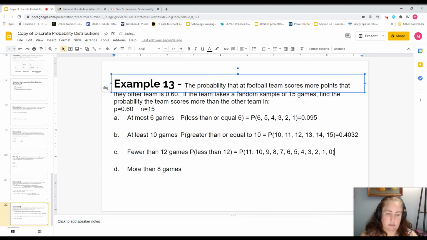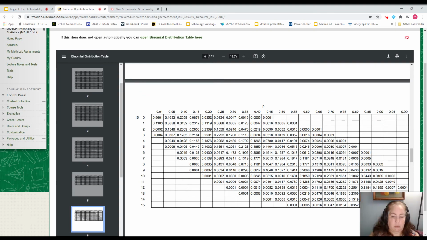Oh my goodness. So let's look and see what we got. All right, so 15 and 0.6 and everything from 11 down. So I would need to add up everything from here down. Okay, so I could do that, or you could do 1 minus the ones above it. But I'll just add up the ones below.